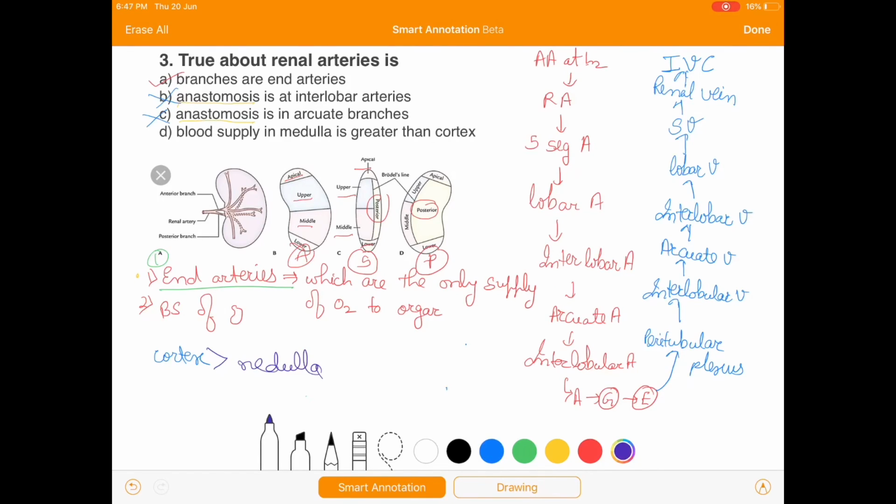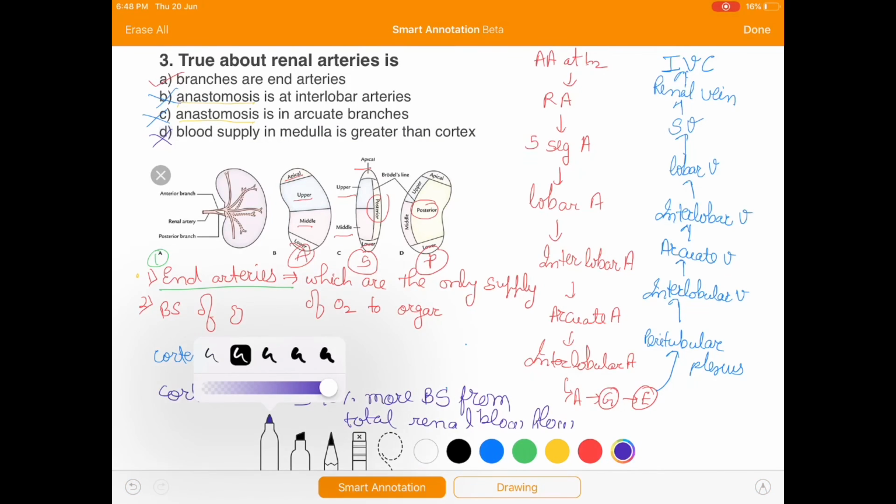That is, cortex has near about 10% more blood supply from total renal blood flow. Hence this option is also struck out. So you get the answer as the branches are the end arteries.